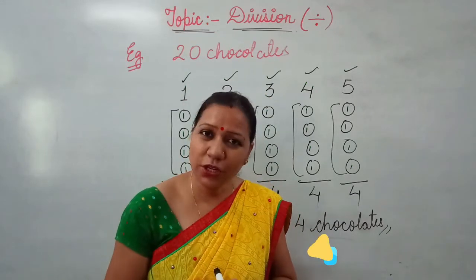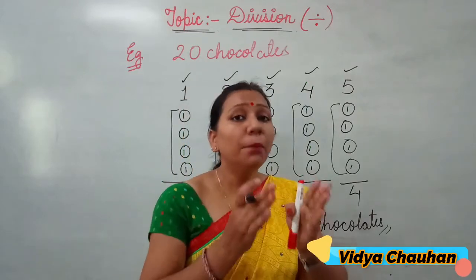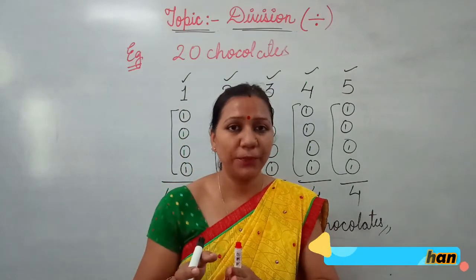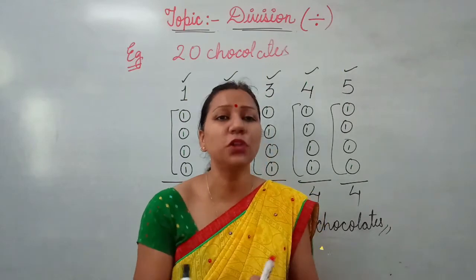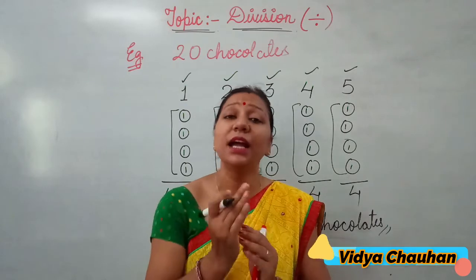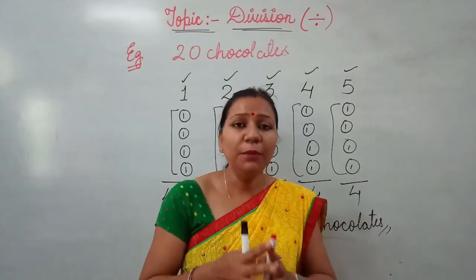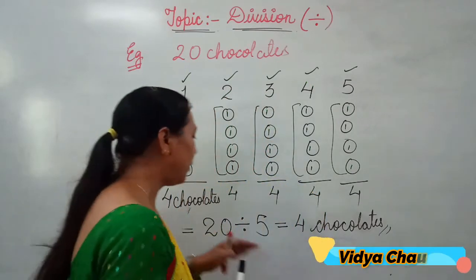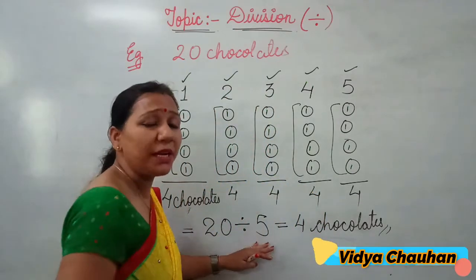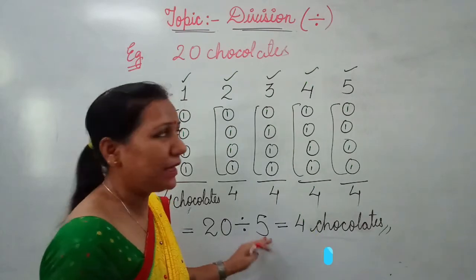Clear, children? Now, at the same time, we can also say that multiplication and division are inverse operations, or in simple language, you can say that both are opposite to each other. If I write any term in the form of division, I can also express the same problem in the form of multiplication.